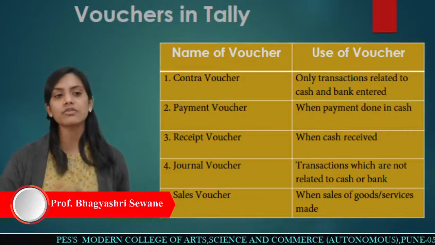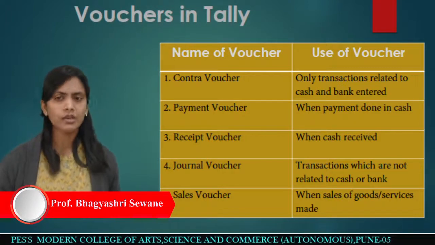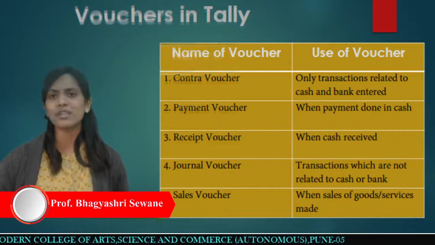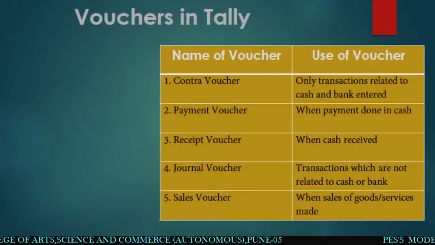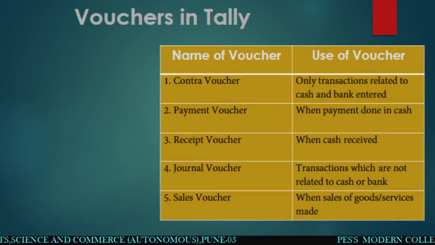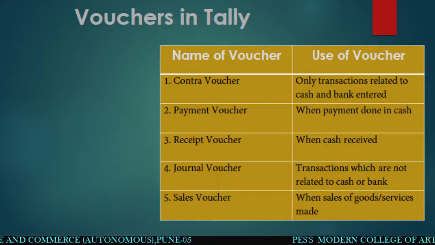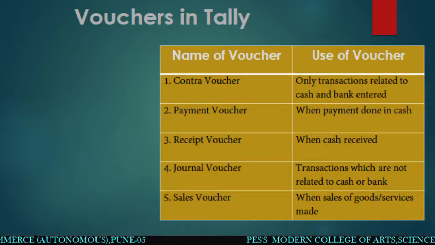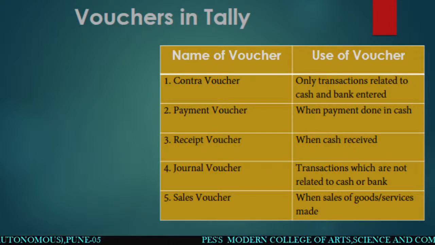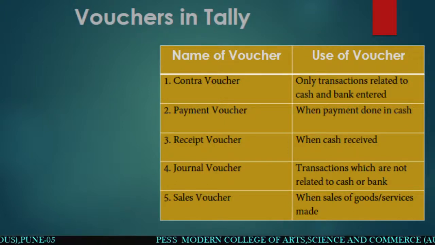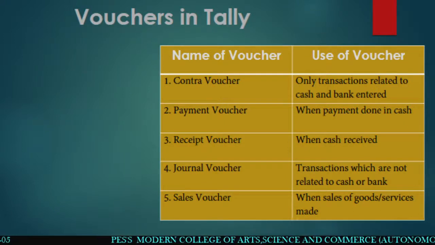The next voucher is the journal voucher. What do we mean by the journal voucher? As we know from manual accounting also, a journal entry is one where the transaction has no relation with cash and bank; that type of entry is recorded in the journal.